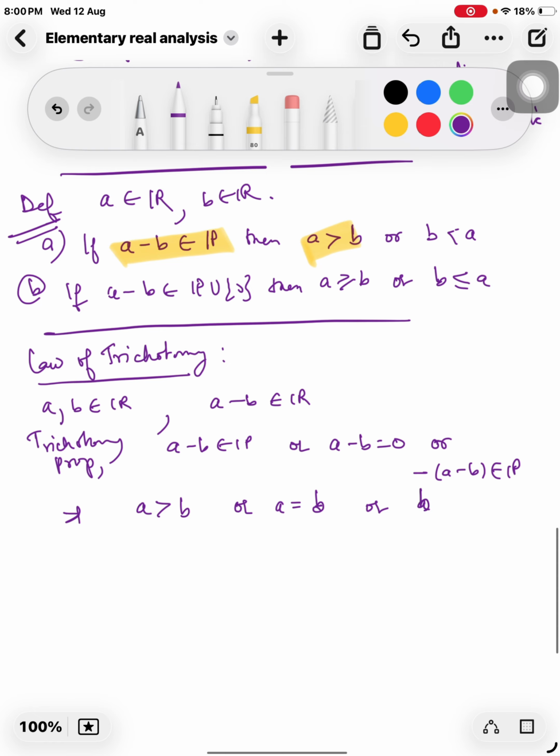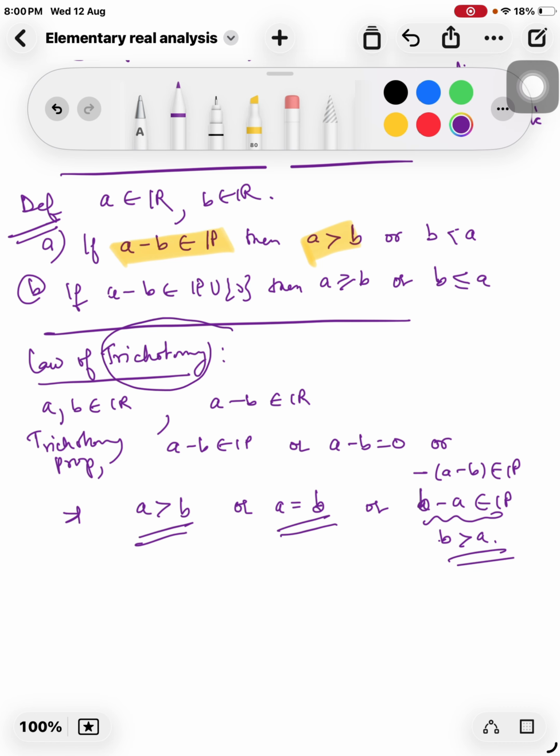So we can say B minus A belongs to P, which means B is greater than A. So now again we have set three conditions for comparing two real numbers. Either A is greater than B, or A is equal to B, or A is less than B. So this is also known as law of trichotomy.